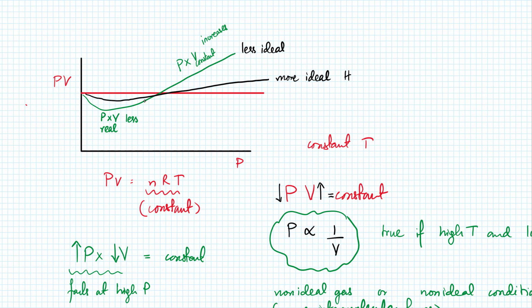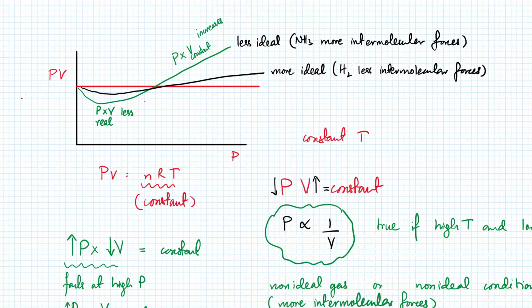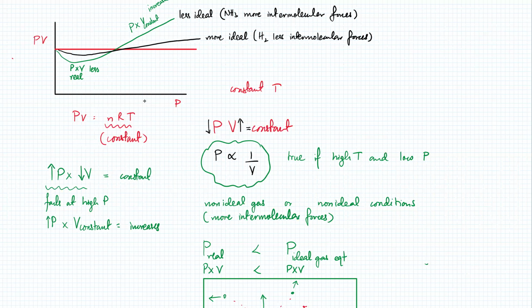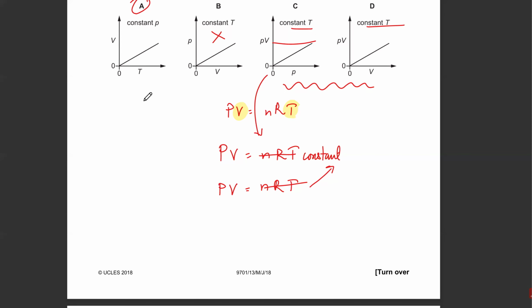For example, hydrogen gas is going to be very ideal because it's a small molecule with fewer intermolecular forces; it only has van der Waals forces. And ammonia is going to be very non-ideal because it has more intermolecular forces, so it's going to deviate a lot. So just remember this graph. Okay, thank you. Now moving on.